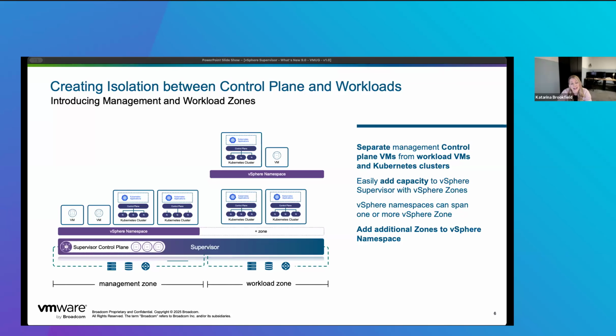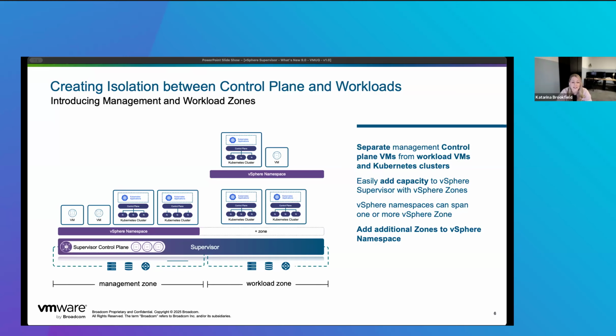But one of the new things that has been a big ask from our customers for a long time was to be able to create this separation between the management and workload zones of a supervisor. And that's something that we are delivering in VCF 9.